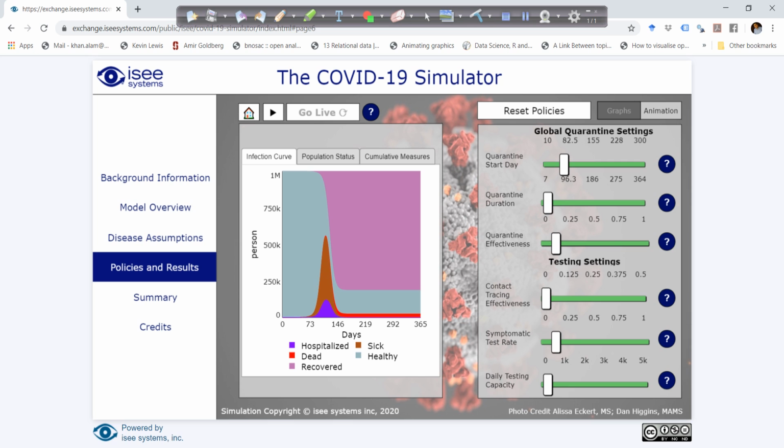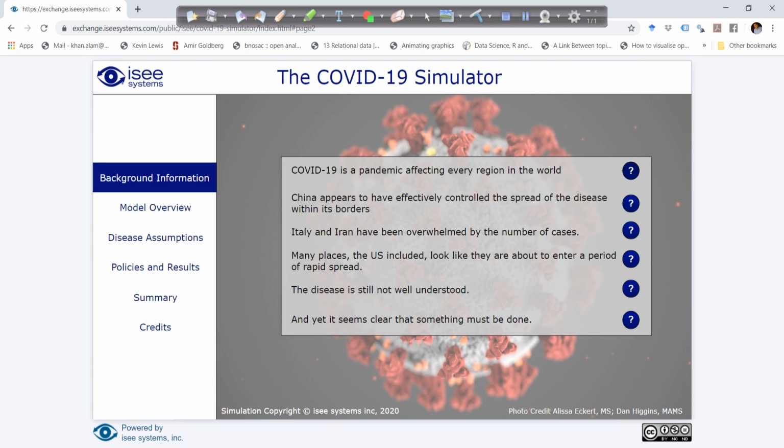first of all, let's actually discuss a few of the basic assumptions and information about COVID-19. COVID-19 is a pandemic and it's affecting almost every region of the world. China, and not only China, I would say South Korea has also more or less effectively controlled the spread of the disease. Italy and Iran are hit really hard, and even in the US, things are looking shaky.